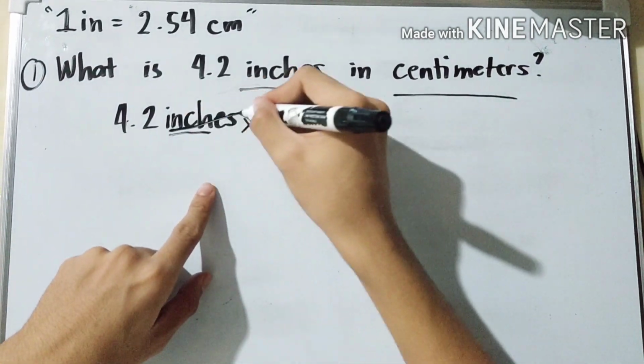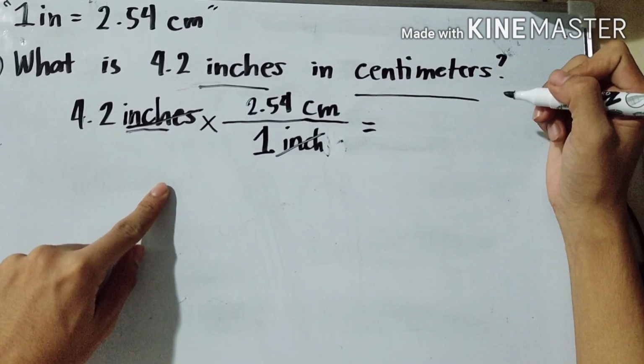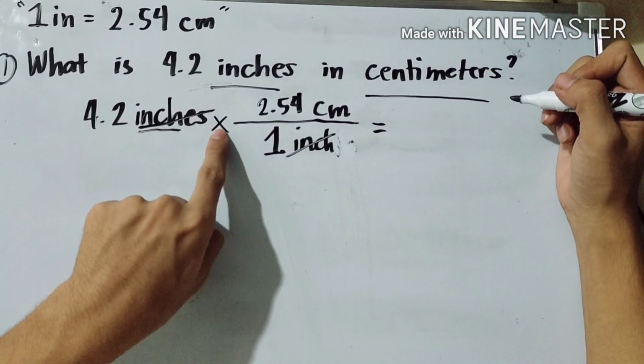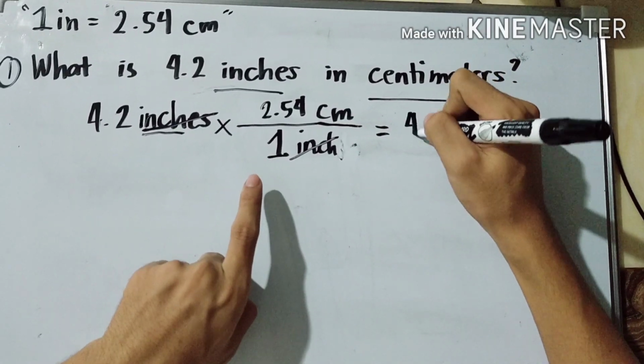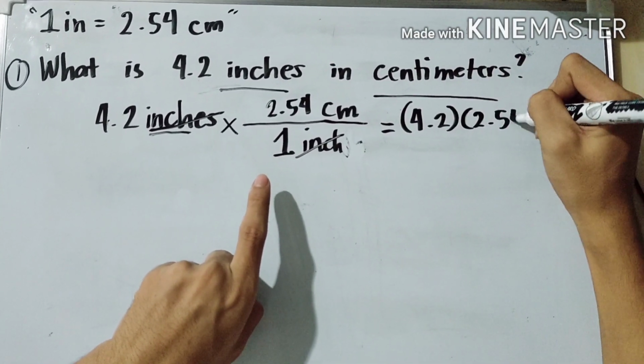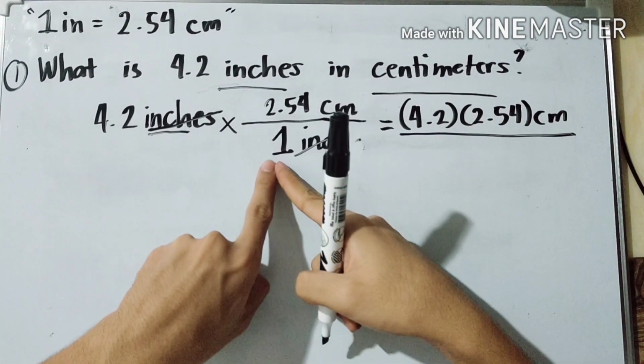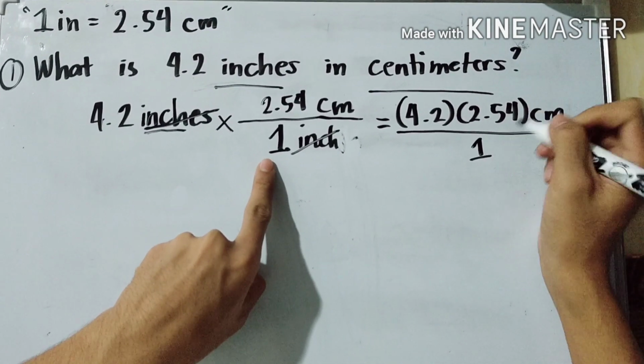After that, you cancel inches, and then perform the operation: 4.2 multiplied by 2.54 centimeter. Anong naiwan sa denominator, which is 1.